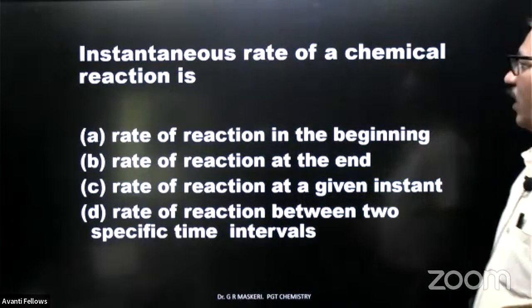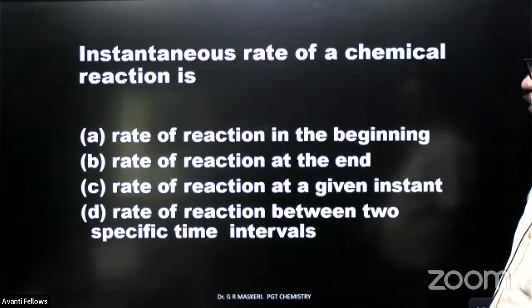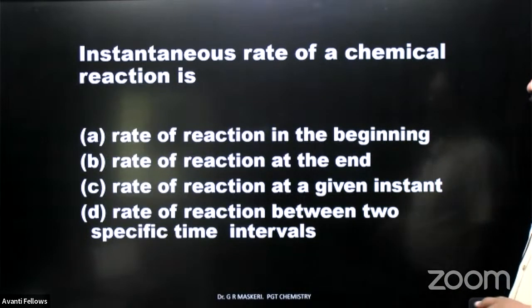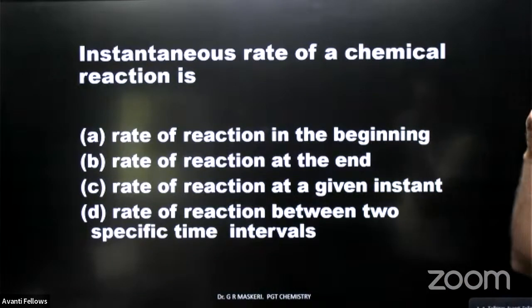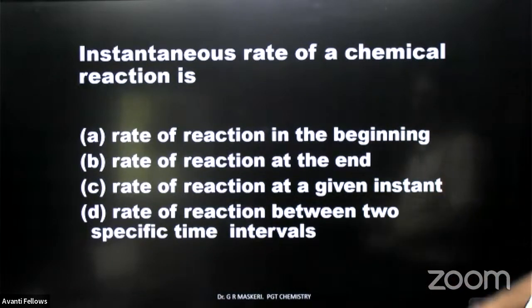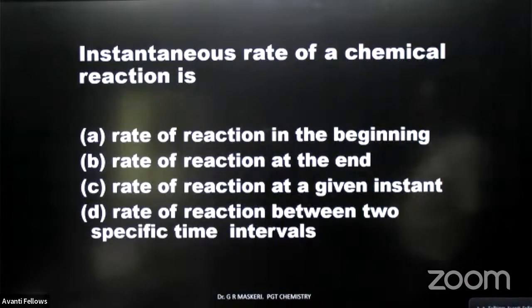Instantaneous rate of a chemical reaction is: rate of the reaction in the beginning, rate of the reaction at the end, rate of the reaction at the given instant, or rate of the reaction between two specific time intervals.